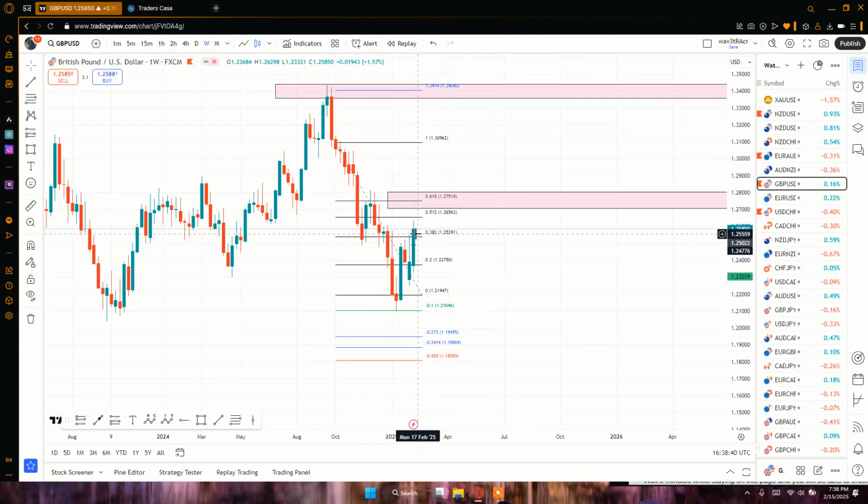So the previous setup that we took, it was somewhere around here, where it was around the region of 38% retracement. So we took a shot at 38% retracement, which led to the stop loss being hit, but it was a break even in this case, as it had some type of a rejection, so we had time to break even.